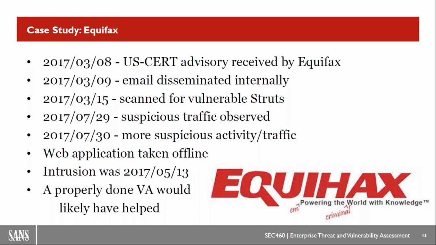It was a secondary application used for people to contest their credit score. Now, the intrusion, we know, was on or about the 13th of May. So the questions here are, one, how did they not find Struts? Two, how did they not notice all of that data leaving?